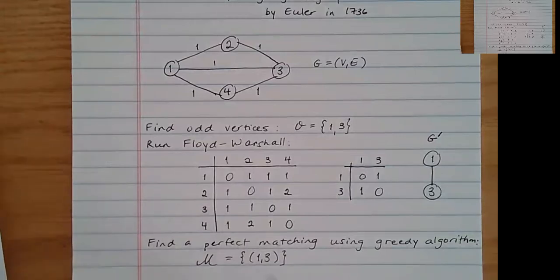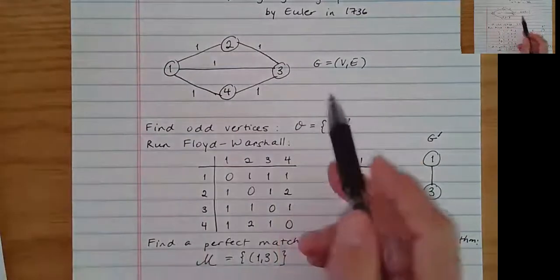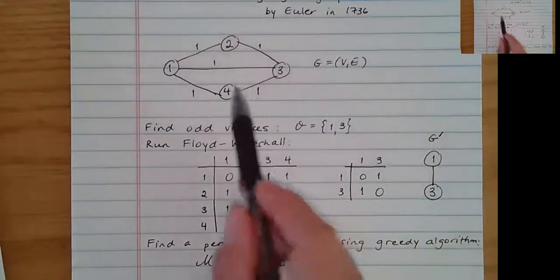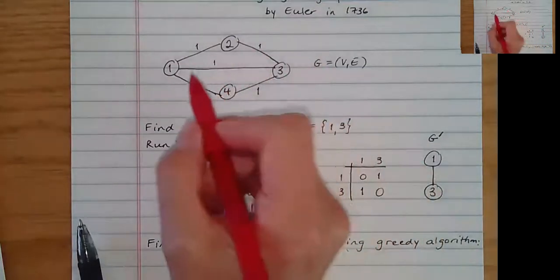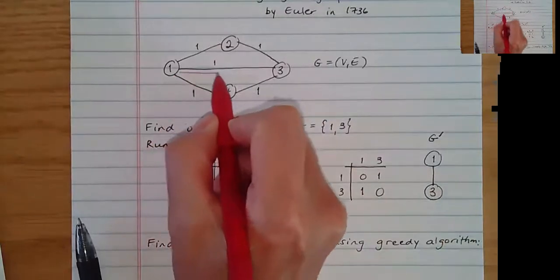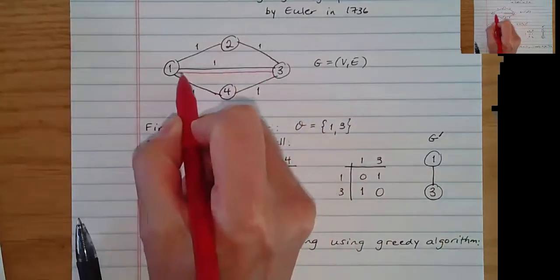Okay, so the next step of the algorithm says, for each edge in the matching, add the edge into the original graph G with a weight equal to its shortest path. Okay, so I only have one edge in my perfect matching. So the algorithm says add an edge into the graph.